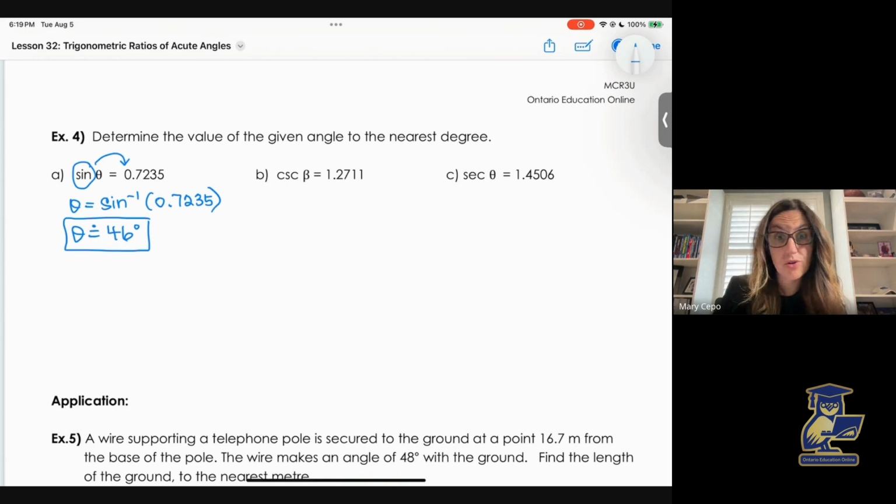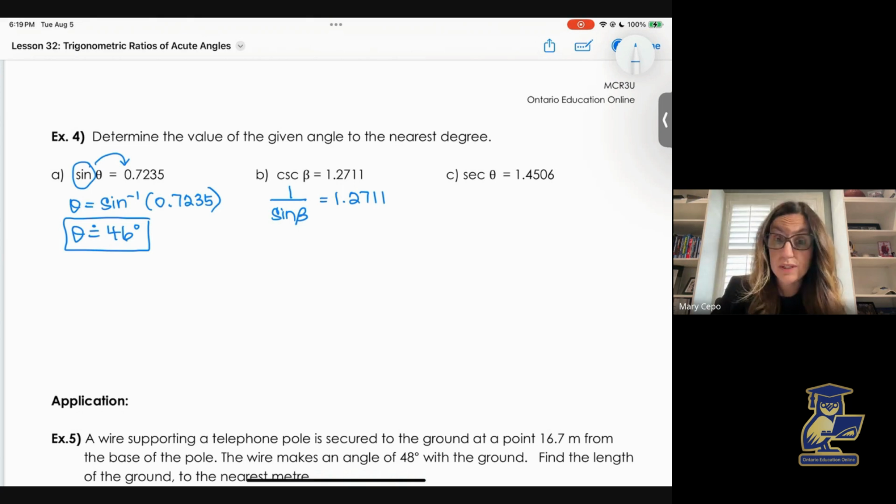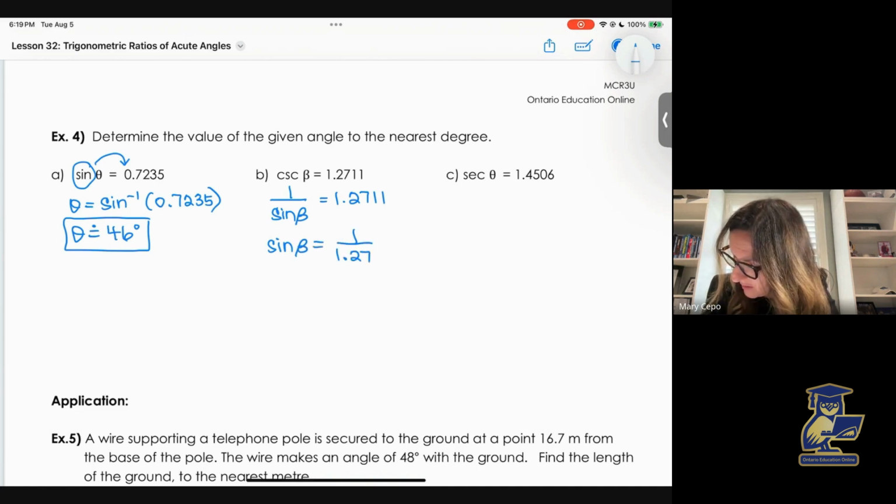Now again, as we mentioned earlier, the primary trigonometric ratios, those buttons do exist on your calculator, but the reciprocals do not. So what we would do is indicate cosecant beta, which would be the reciprocal of sine beta. Okay, so if we take the reciprocal of both sides, this would become sine beta is equal to 1 over 1.2711.